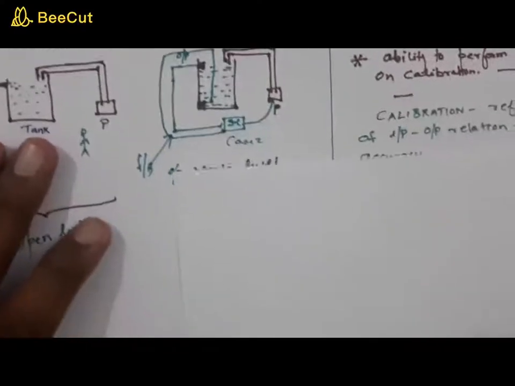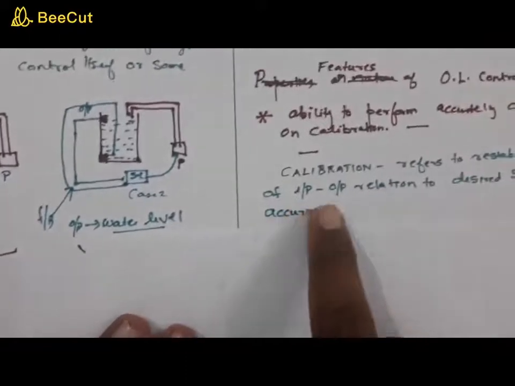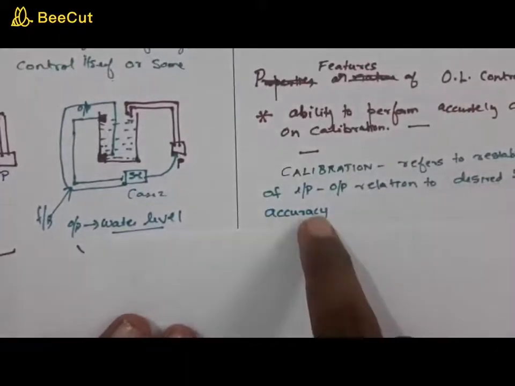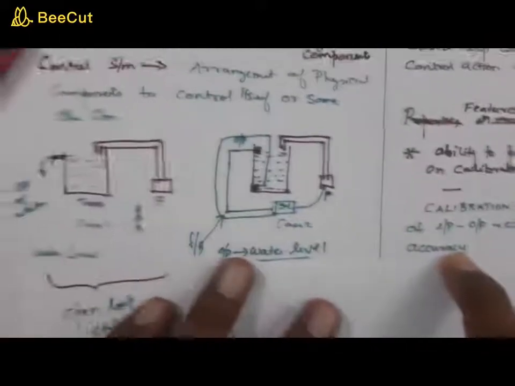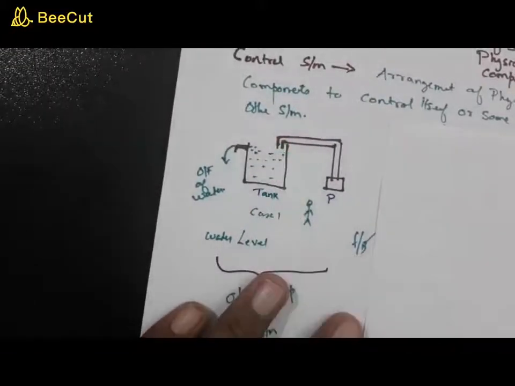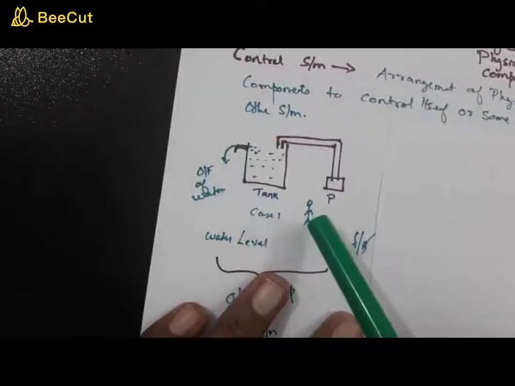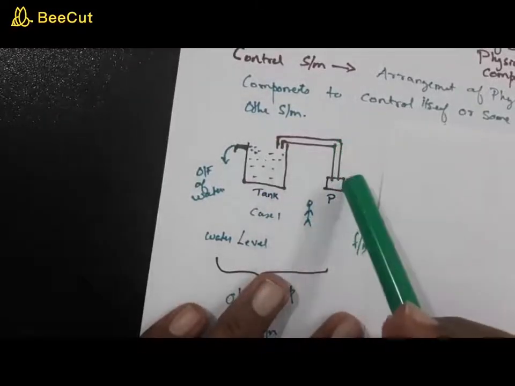You can think in that line, that is re-establishment of the input-output relationship to the desired system accuracy. So beforehand we know that it will take this much time, and you can set a timer, and as it reaches that time, you can switch off the pump.